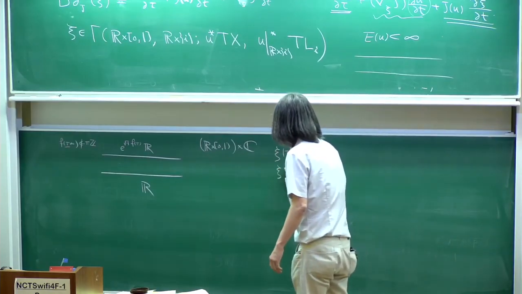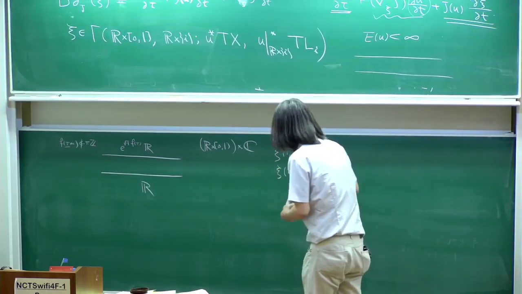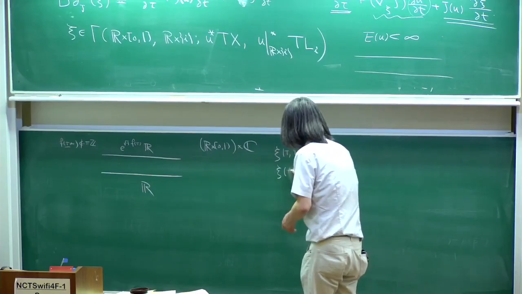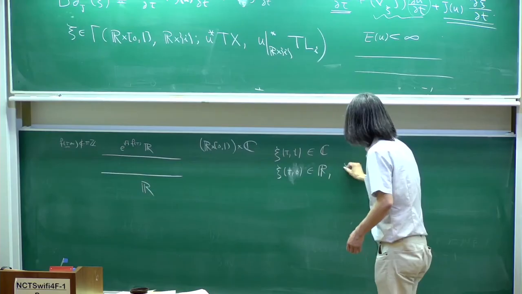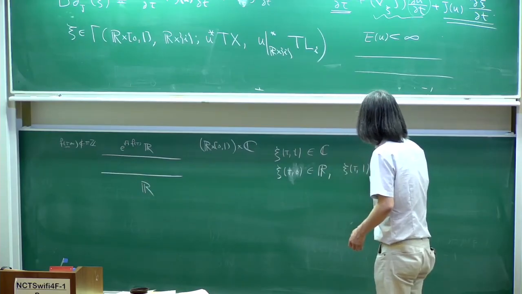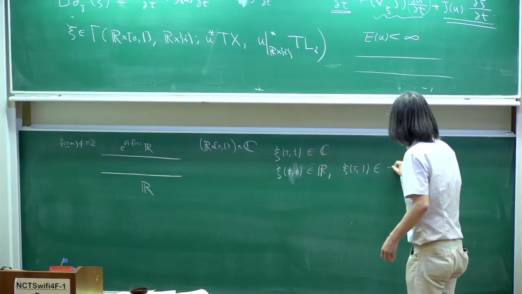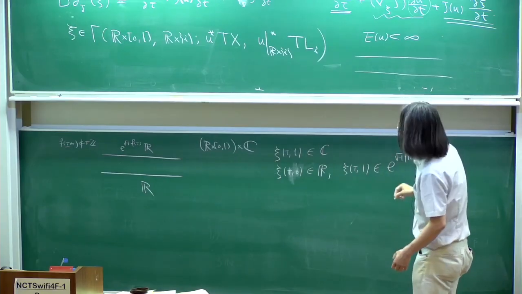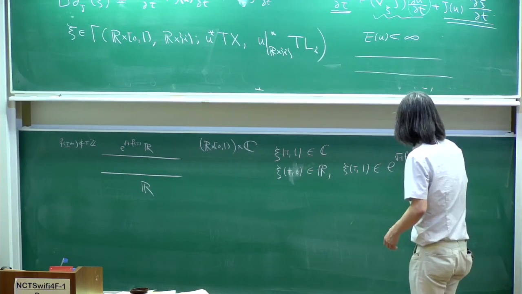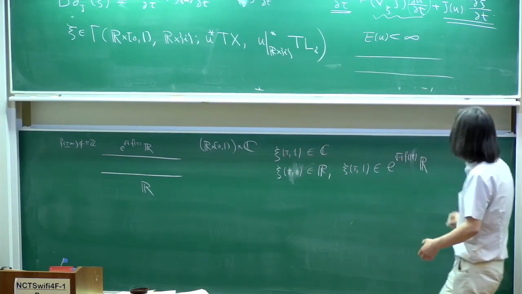But psi of tau of 0 is a real number, okay? And psi of tau 1 is in this e to the root minus 1 f tau of r, right? You have this.